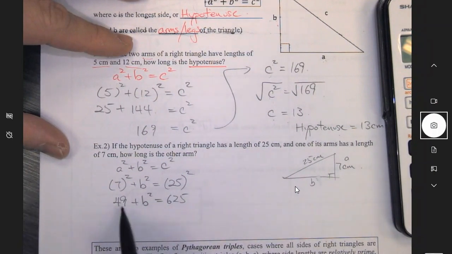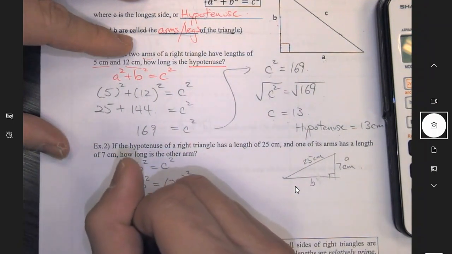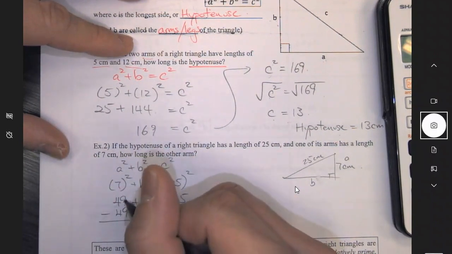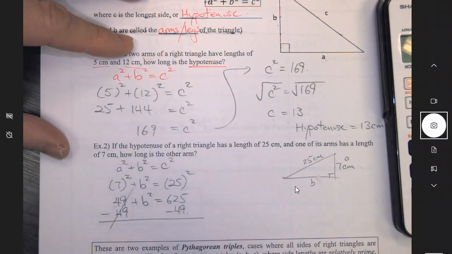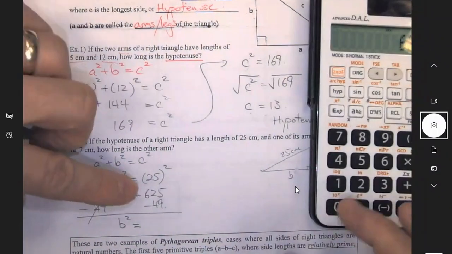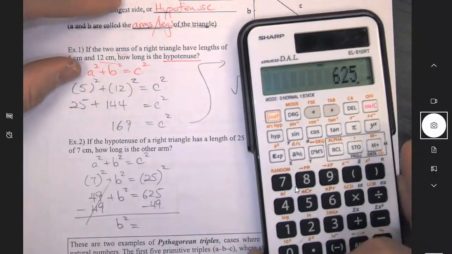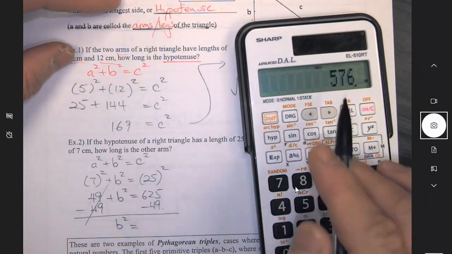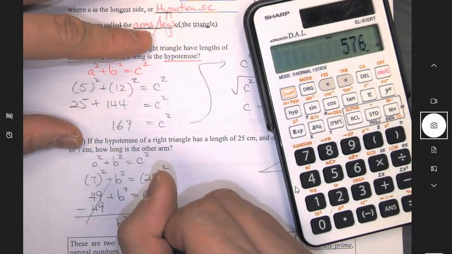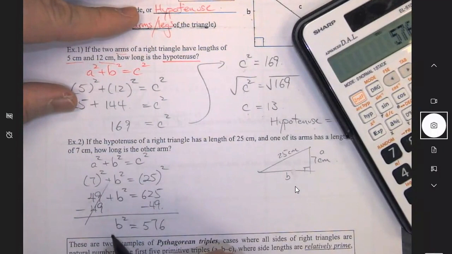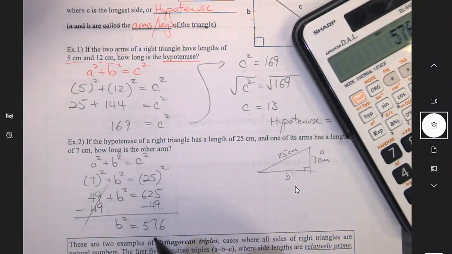So we'll subtract 49 from both sides. 49 subtract 49 becomes 0, so you only have b squared left. 625 minus 49 is 576. So b squared is 576.